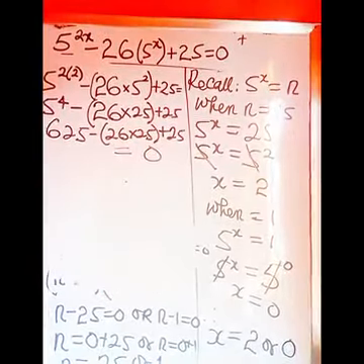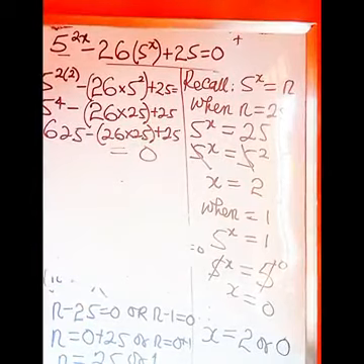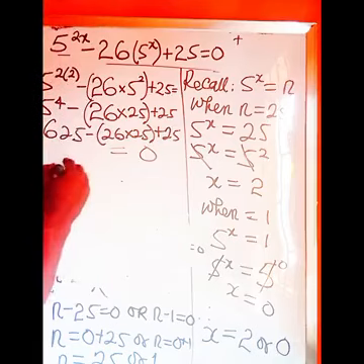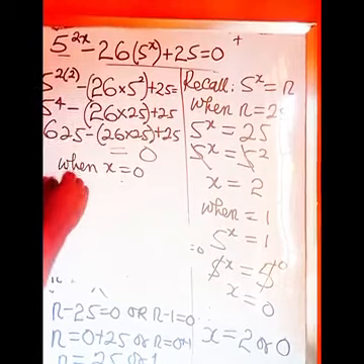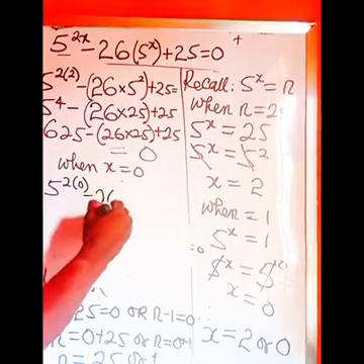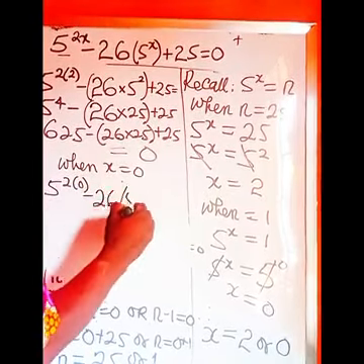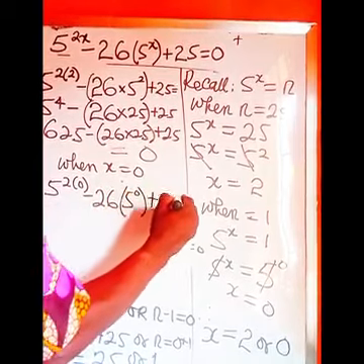We should also check with x equal to 0. So we have 5 raised to the power 2 into 0 minus 26 into 5 raised to the power 0 plus 25.